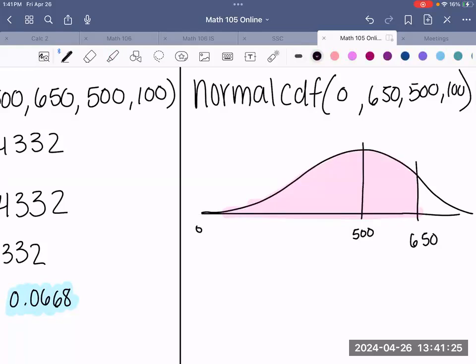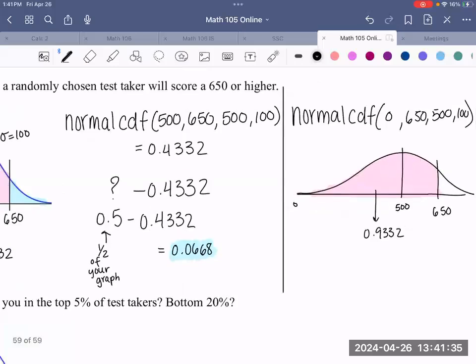That would be 0.9332. So in that case, notice that we have the majority of our graph. So now we can subtract 1 minus 0.9332 to again get 0.0668 for this part in blue.